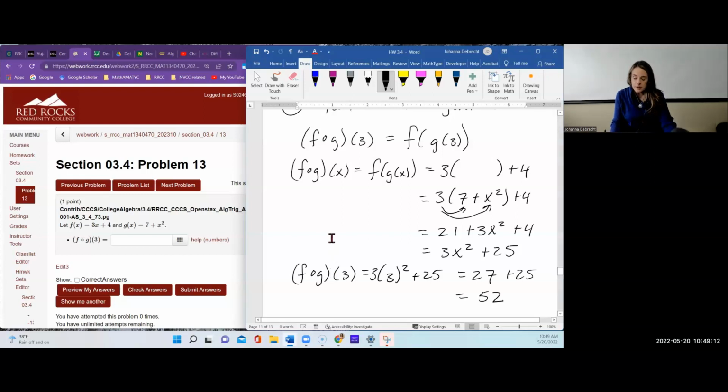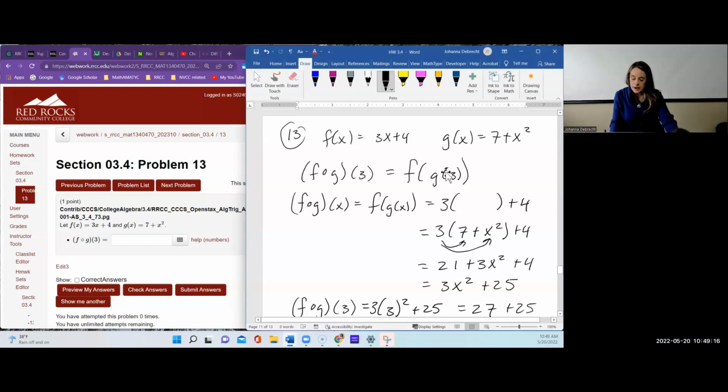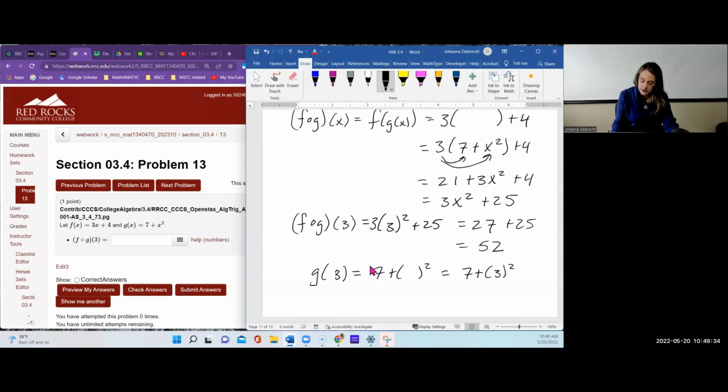The other possibility is to do what the directions say and first evaluate g of 3. g of 3 would replace the variable x with 3. So g would be 7 plus something squared, and when we substitute the 3, we get 7 plus 3 squared. This becomes 7 plus 9, which is 16.